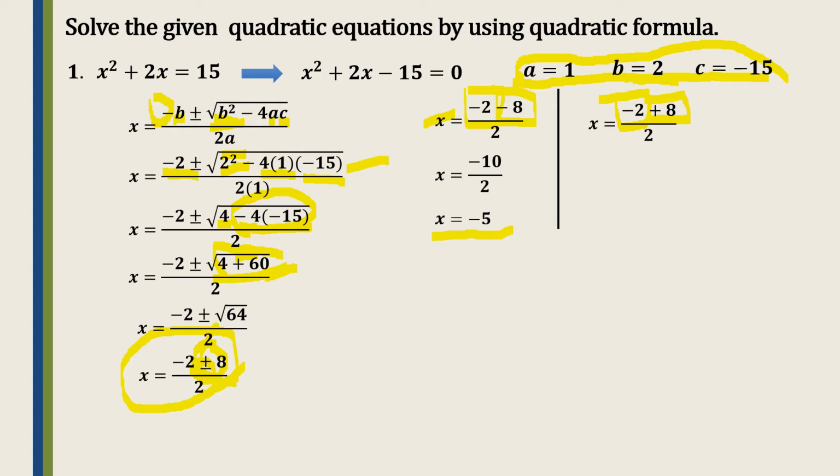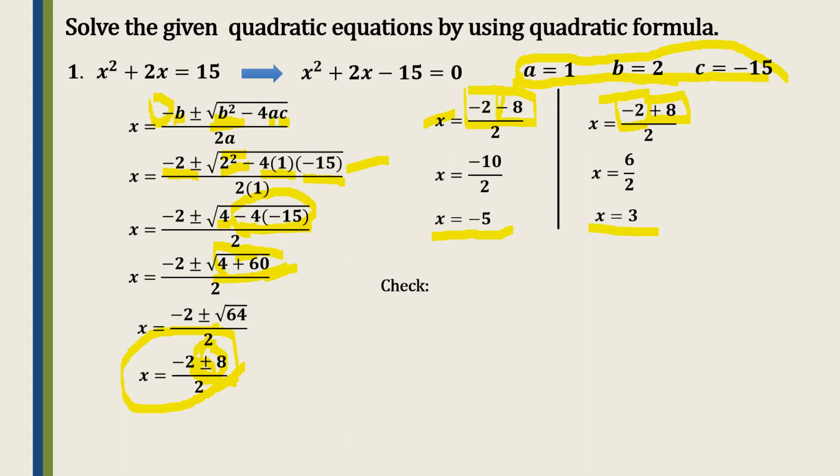Gagamitin natin ang sign ng 8 na positive kasi mas mataas ang absolute value ng 8 sa absolute value ng 2. Naalala naman ata ang rules ng addition of integers. Okay, we will have now x equals 6 over 2 or 6/2. So, pag sinimplify natin, 6 divided by 2, we have 3.